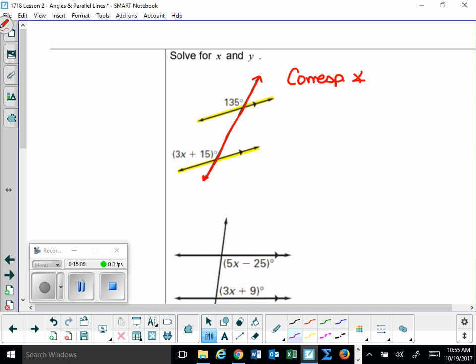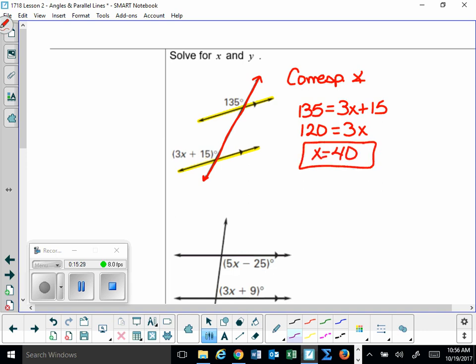And I know that corresponding angles are congruent when I have parallel lines. So 135 equals 3x plus 15. Subtract 15 from both sides and divide by 3. X equals 40 for this first problem.